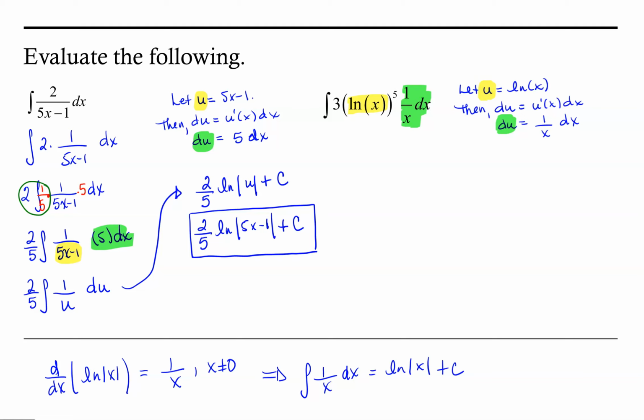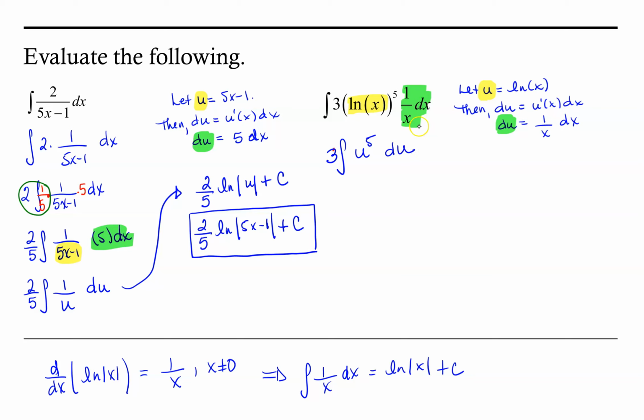As I rewrite this, I'm going to bring my constant 3 out front. The natural log of x to the 5th power is just going to become u to the 5th power, and the 1 over x dx is just going to become du.